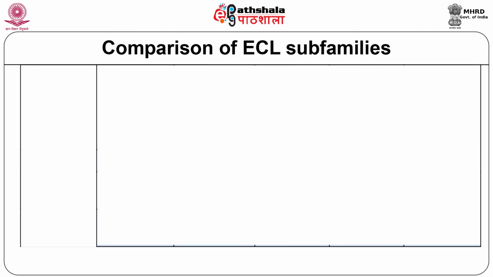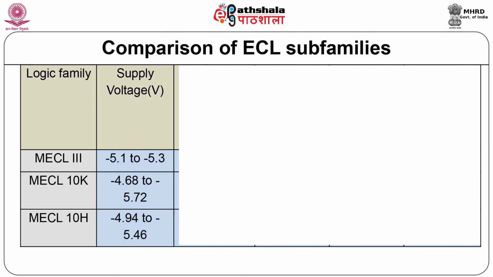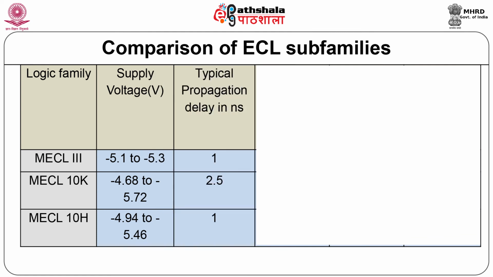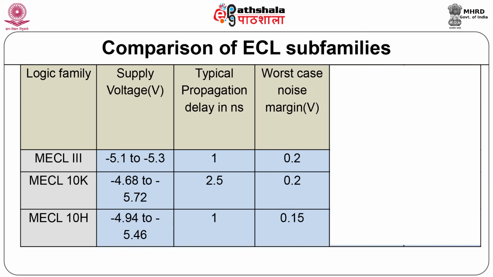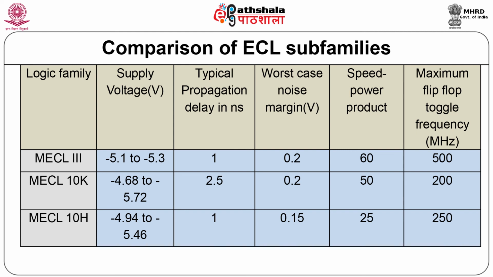Comparison of ECL subfamilies. ECL subfamilies, that is MECL3, MECL10K and MECL10H, are compared on the basis of the supply voltage range, propagation delay expressed in nanoseconds, worst case noise margin, speed power product and maximum flip-flop toggle frequency.